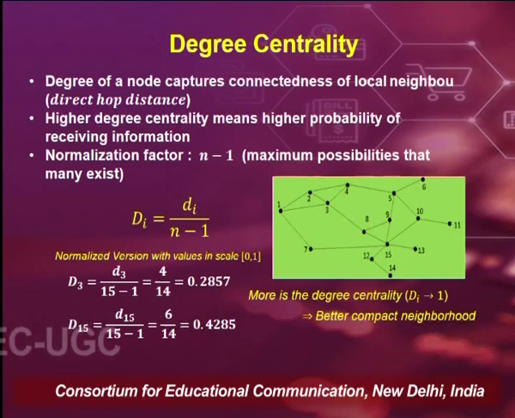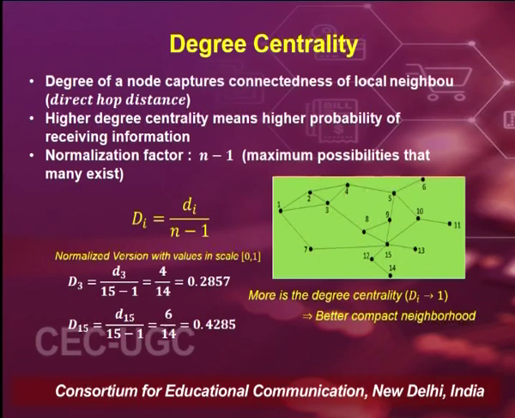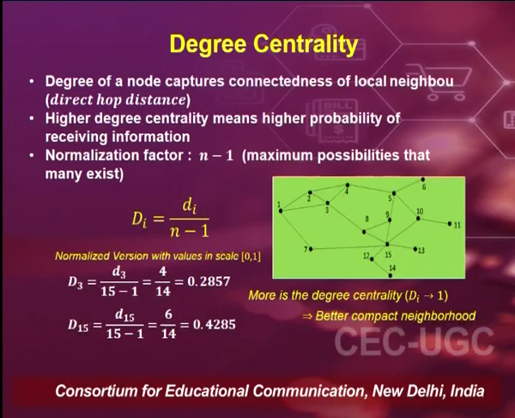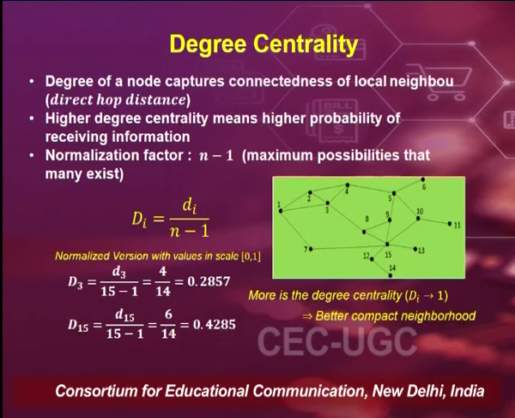You can see in context with the graph that degree D3 is computed as 4 divided by 14. Why 14? Because 14 is the total number of nodes minus 1, and 4 is the direct association of node 3. So this way one can compute the degree centrality of all the nodes in the network.